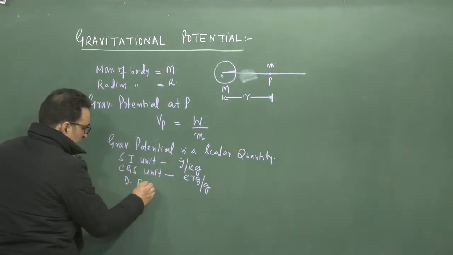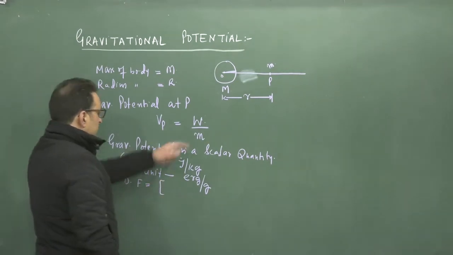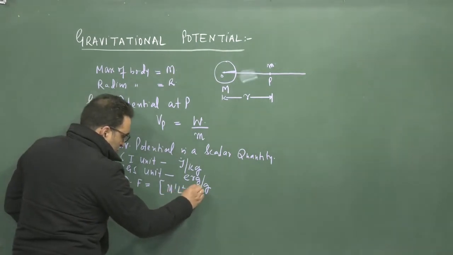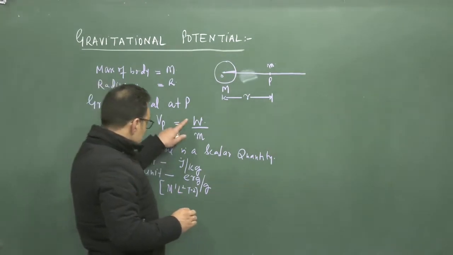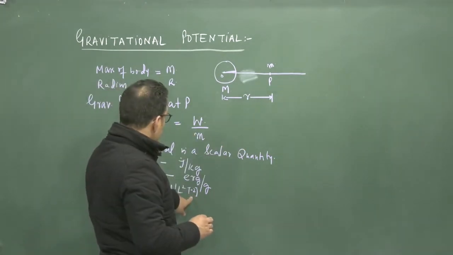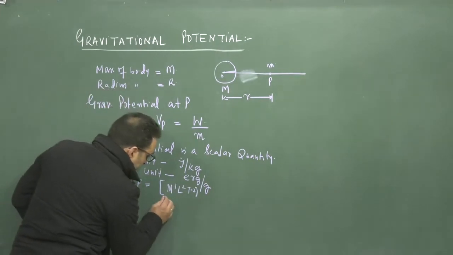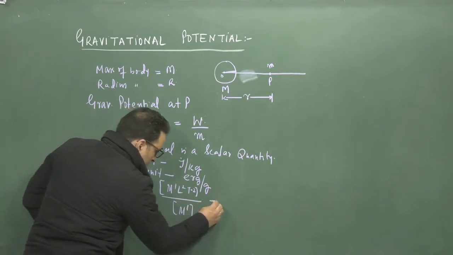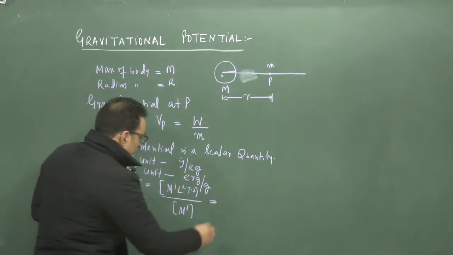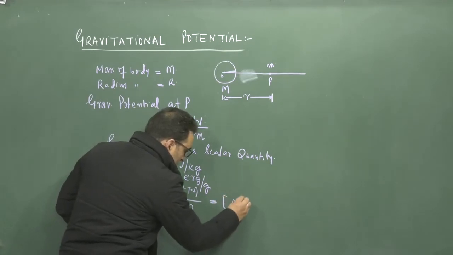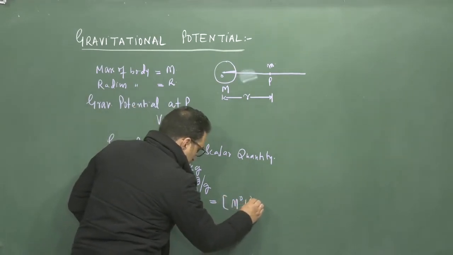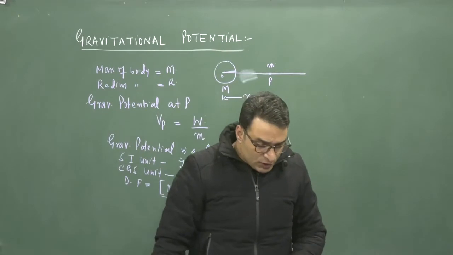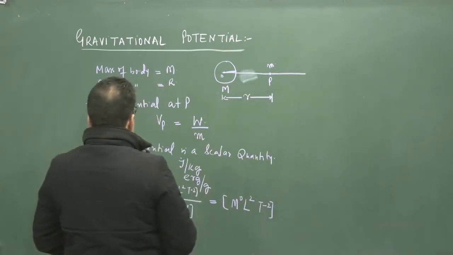Now its dimensional formula: the dimensional formula for work is M1 L2 T^-2, because work equals force into distance, M1 L1 T^-2 into L1, divided by the mass, which is M1. On simplifying, we are left with M0 L2 T^-2. This is the required dimensional formula for the gravitational potential.